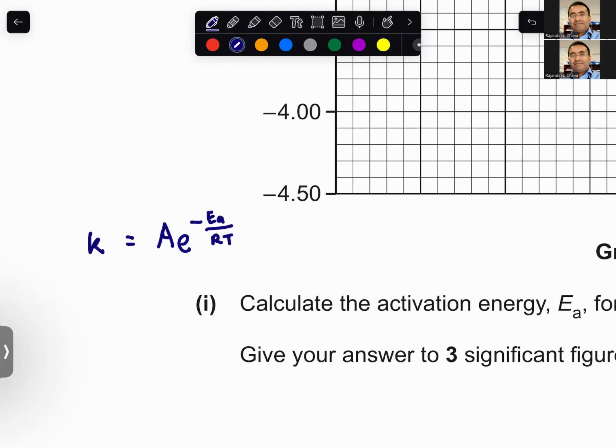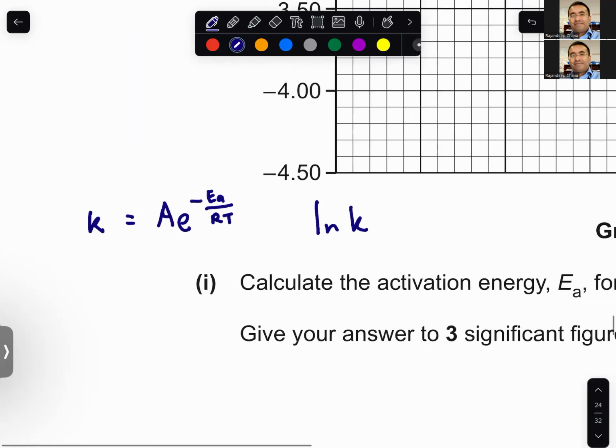You see, when we take natural logs of this, natural log of K, when you take natural log of the right-hand side, this is split up, so this can be equal to natural log A, and you see the natural log of an e function cancels each other out.